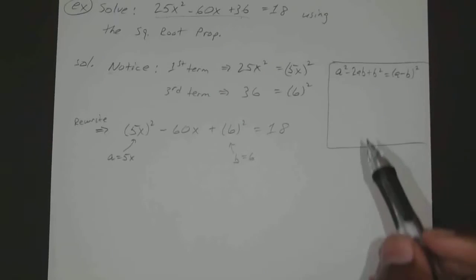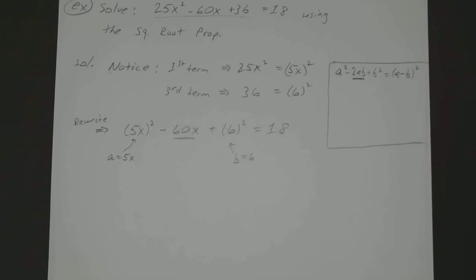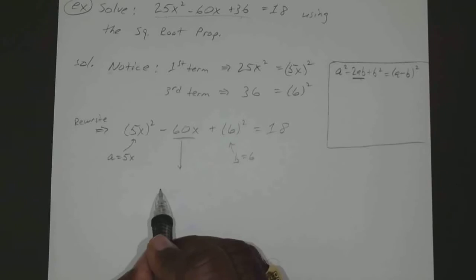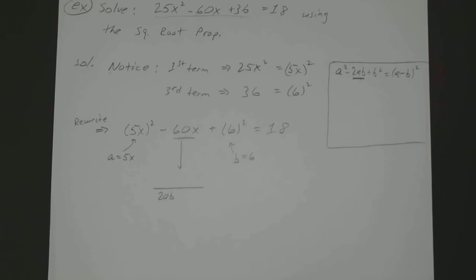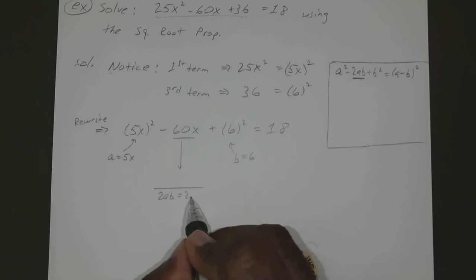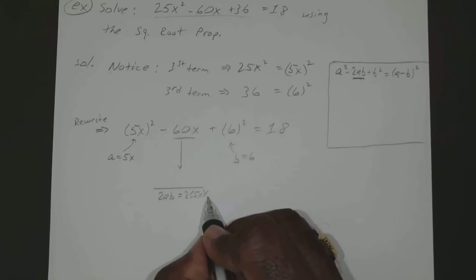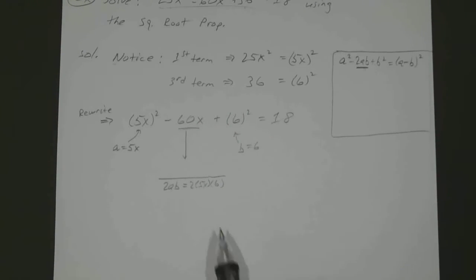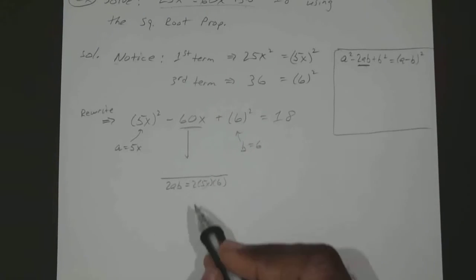We just have to make sure that this is equal to 2ab. So it has to equal 2 times 5x times 6, which it does. 2 times 5 is 10. 10x times 6 is 60x. So we're actually good there.